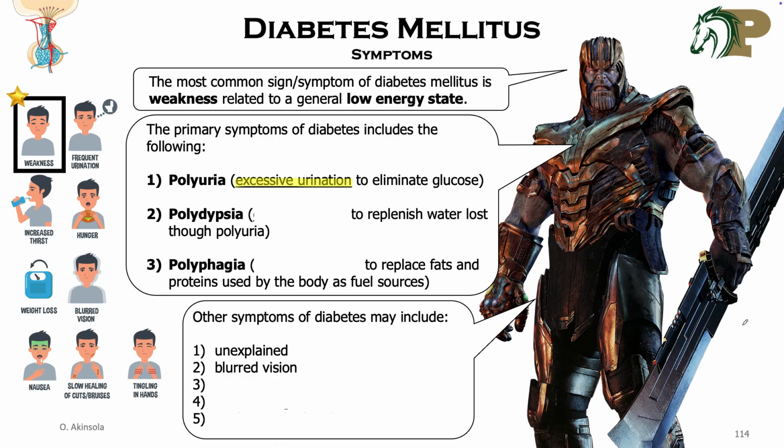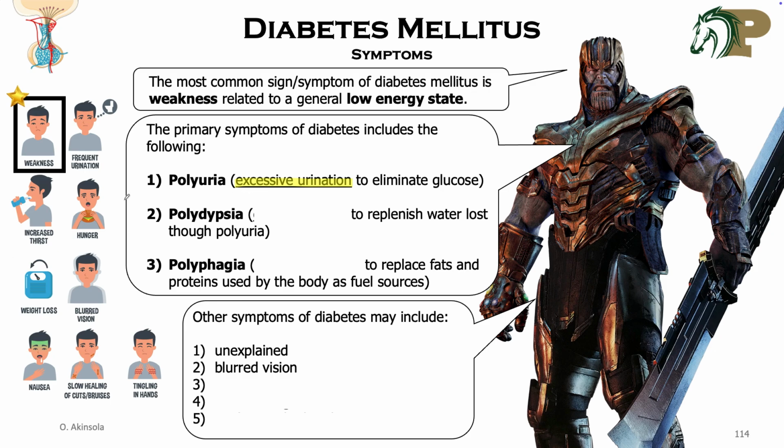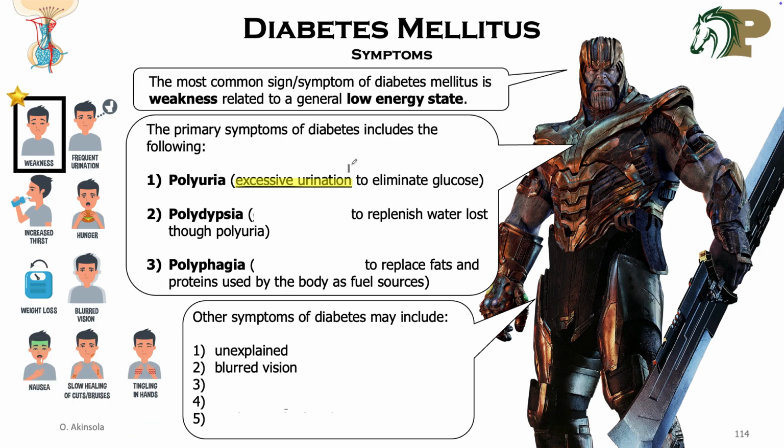So remember from before that central profile, we have increased urination. Okay, so that is consistent with what we said before. The polyuria will lead, well, actually, let me park here real quick. So the excessive urination will occur because of the excessive glucose in circulation.